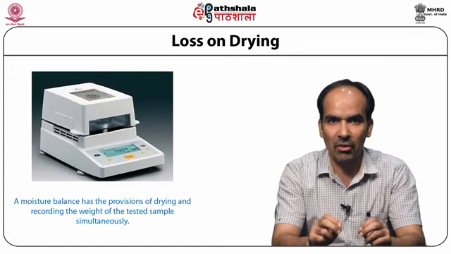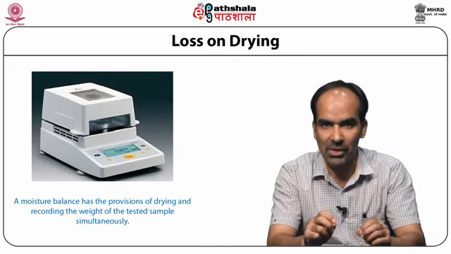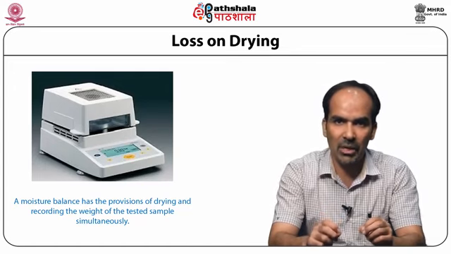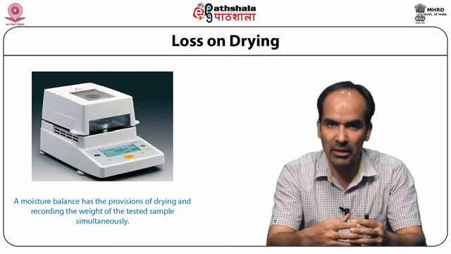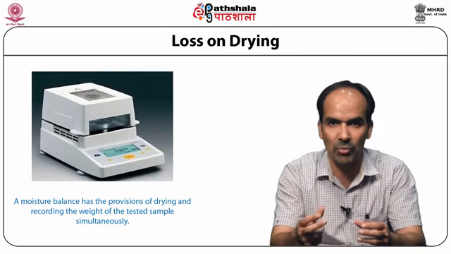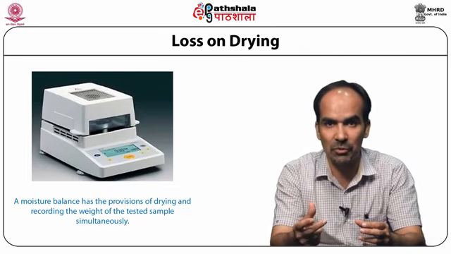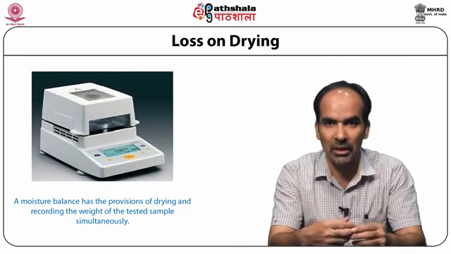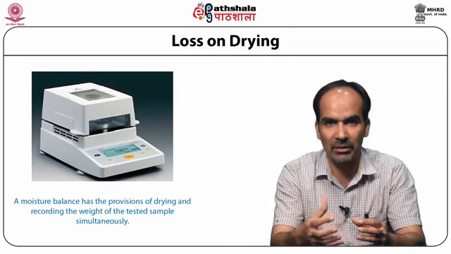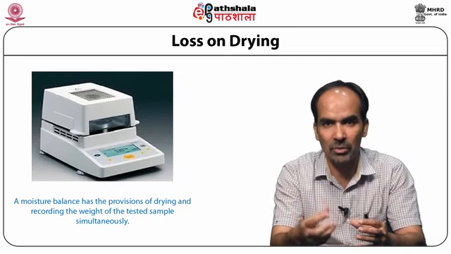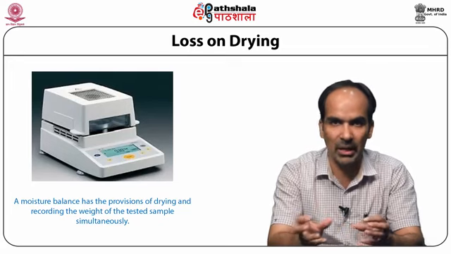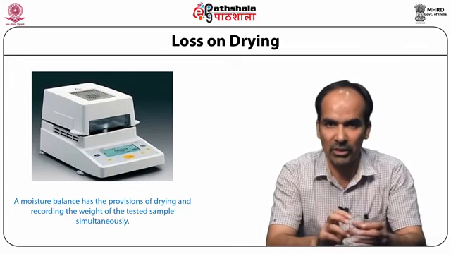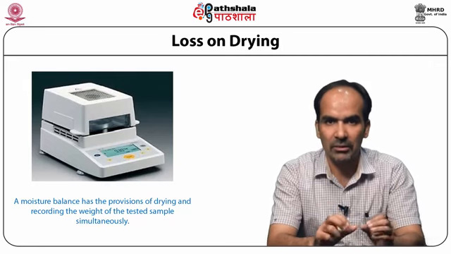This method of determination of loss on drying is recommended by all major pharmacopoeias like the Indian Pharmacopoeia, European Pharmacopoeia, British Pharmacopoeia, or the United States Pharmacopoeia. It has also been taken up by the Department of Ayush to be covered under various pharmacopoeias like the Unani Pharmacopoeia and the Ayurvedic Pharmacopoeia of India.